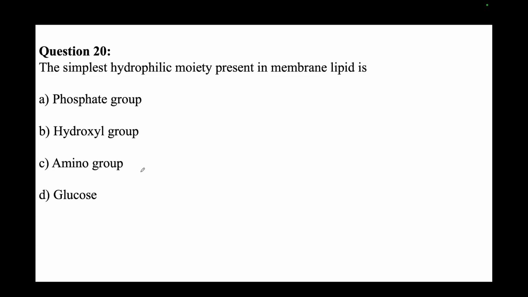What is the hydrophilic moiety present in the membrane lipids? It is mainly the hydroxyl groups. Okay, the OH, most of the polar head groups have this OH. This is the most hydrophilic and the most simple molecule that can be present. So, this hydrophilic OH is present in the membrane lipid. So, correct answer is option B.